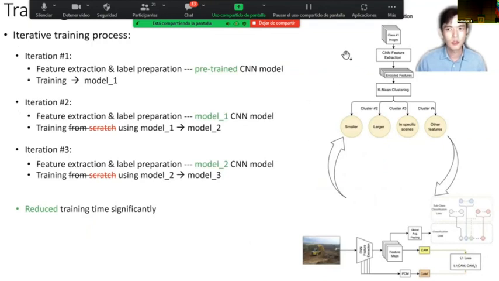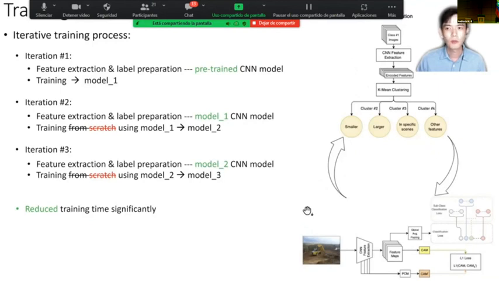As I mentioned, we use a pre-trained CNN feature extractor to acquire the encoded features and then do k-means clustering to acquire the subcategory labels, and then we start training the entire model.